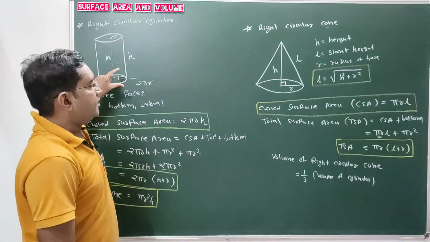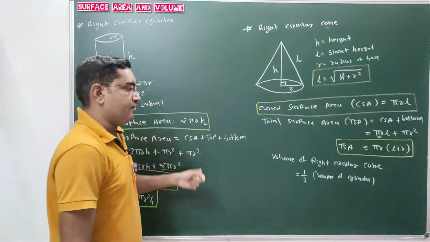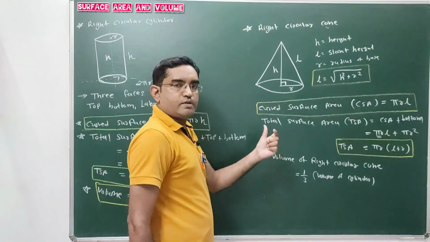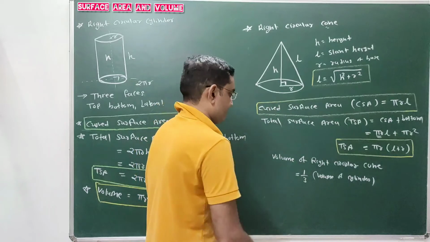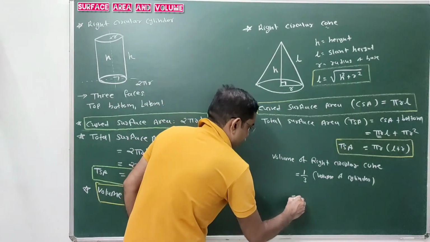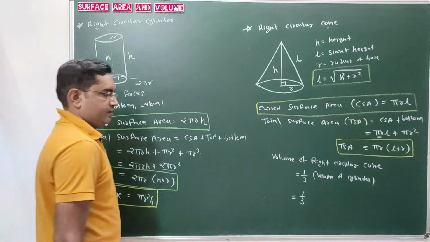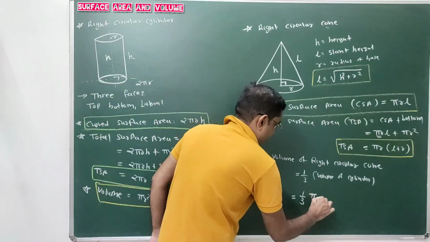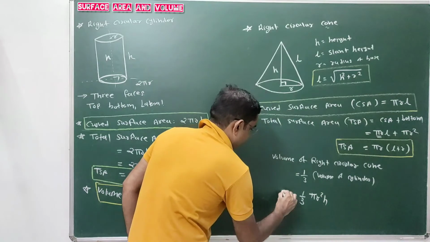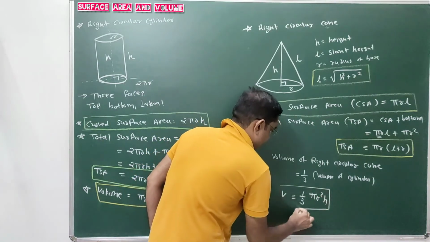Height of the cylinder must be h and radius of base must be r. Then you can compare the volume of cylinder with volume of cone. So volume of cone is nothing but 1 by 3 of volume of cylinder, pi r square h. That is the volume of right circular cone.